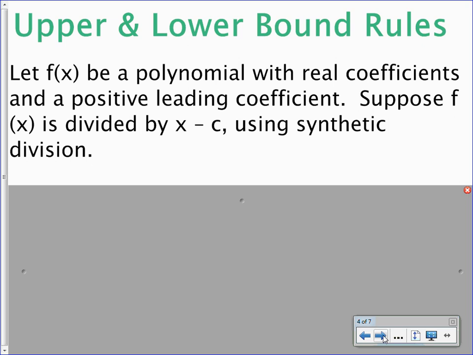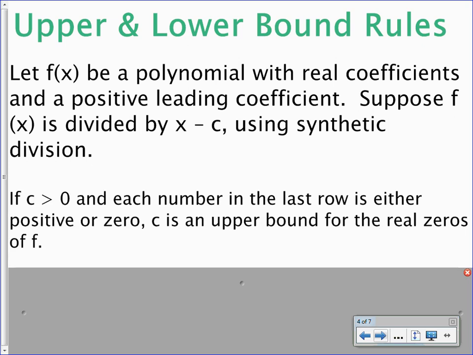So that means we have c outside of our synthetic division, right? When I say an upper bound, what do you interpret that to be? Okay, maximum. Nothing can be higher, okay? So if we have an upper bound, that means everything needs to be lower than that, okay?